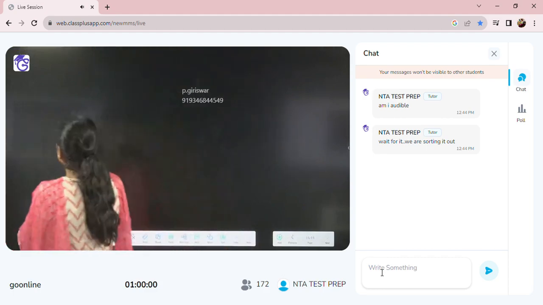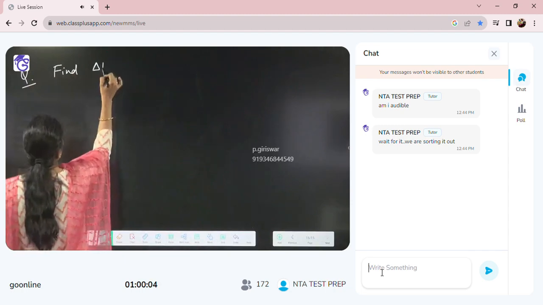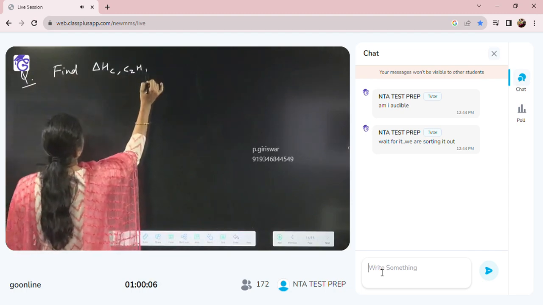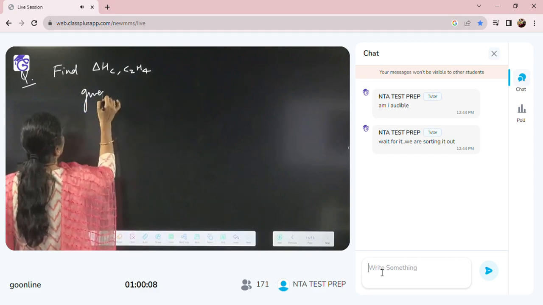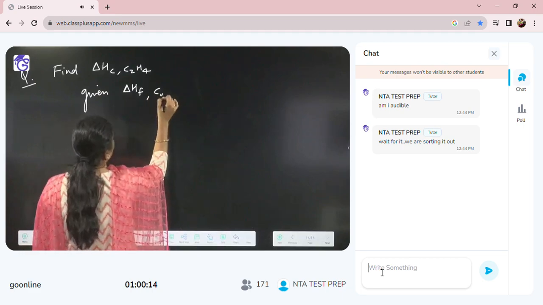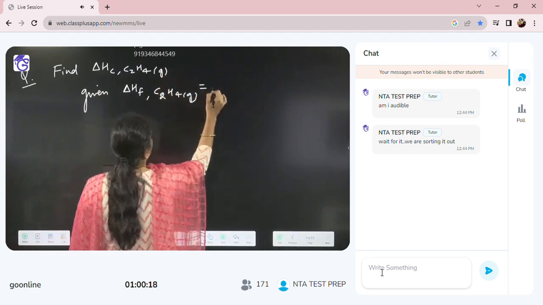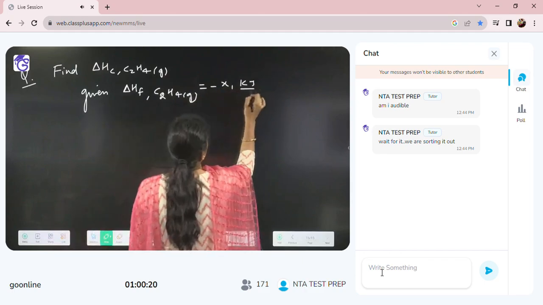Chalo. Next question. Last question in fact. Find enthalpy of combustion of C2H4, given the enthalpy of formation of C2H4 gaseous is minus x1 kilojoule per mole.